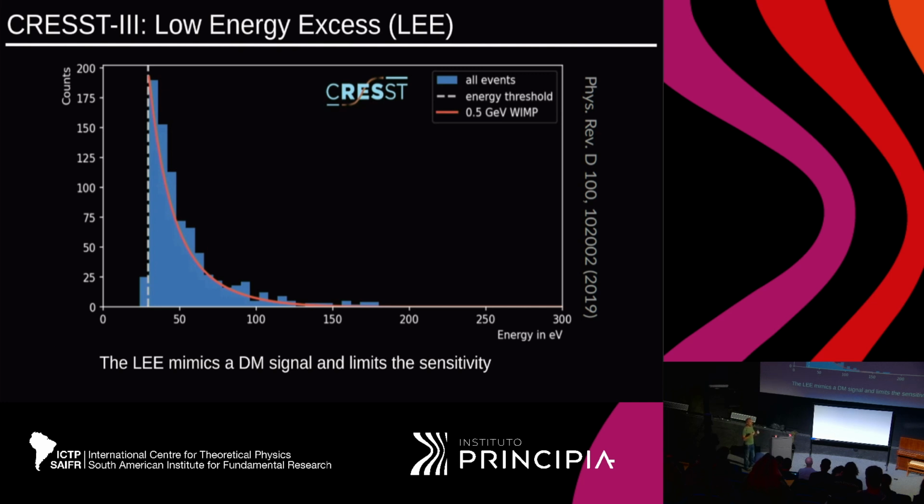What you do is build your shields so the backgrounds have a shape that is as different as possible from the signals that you have. That's what we are doing when we place these detectors inside neutron moderators and lead castles, to reduce the environmental radiation and allow only a fraction of it to go in. Then we compute the shape of those backgrounds using Geant4 simulations or other means.